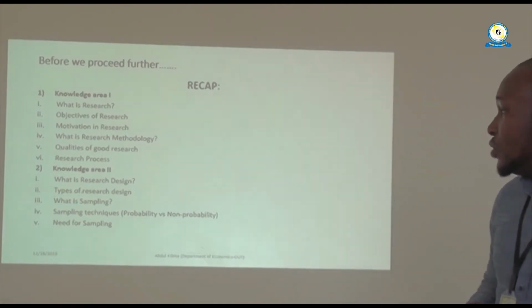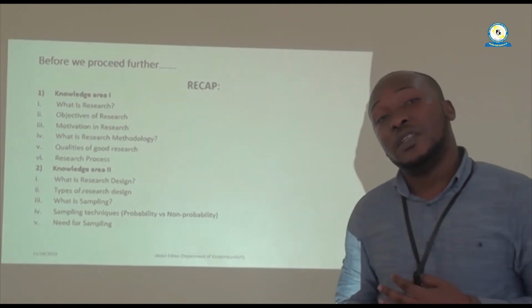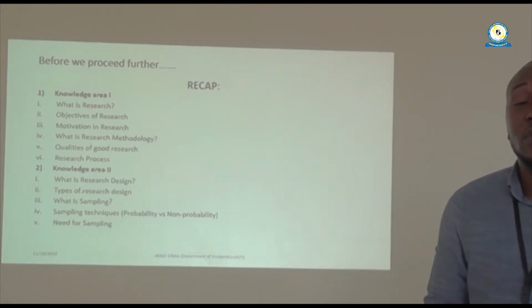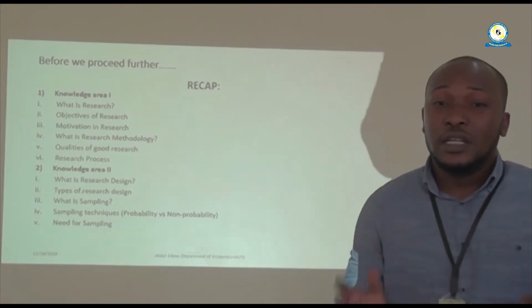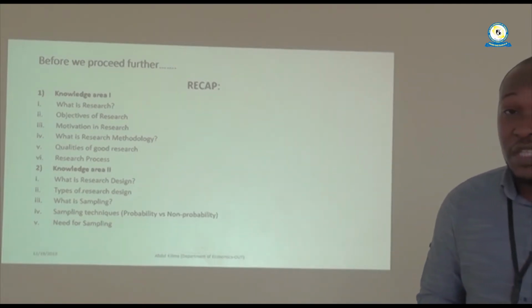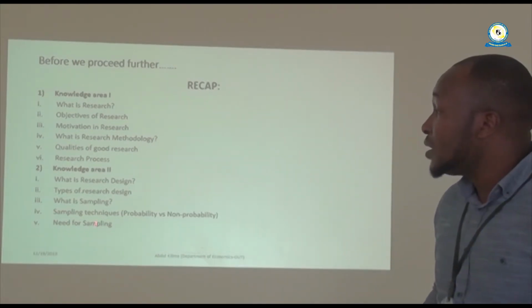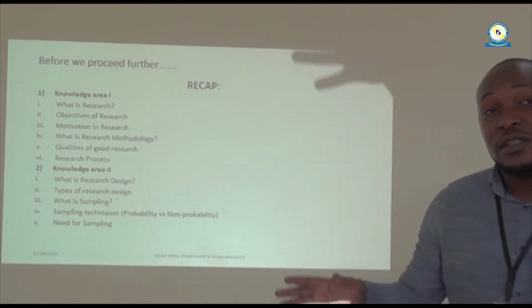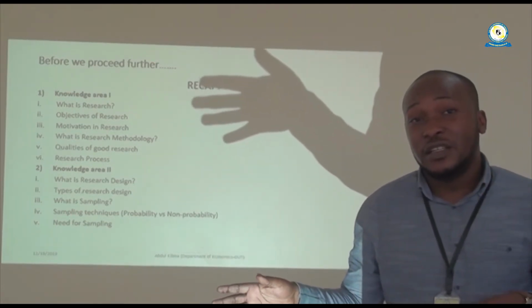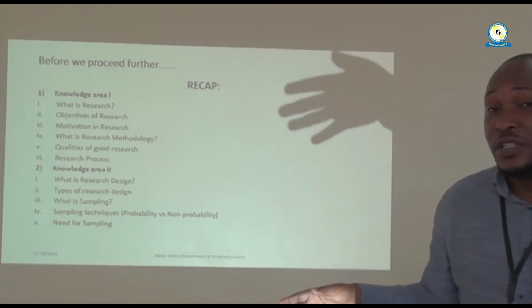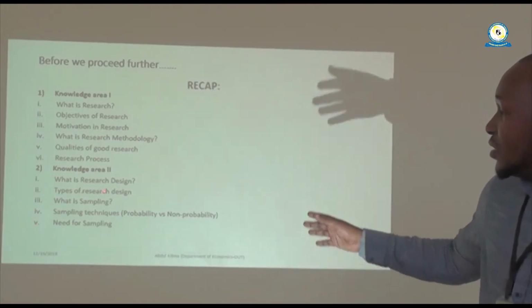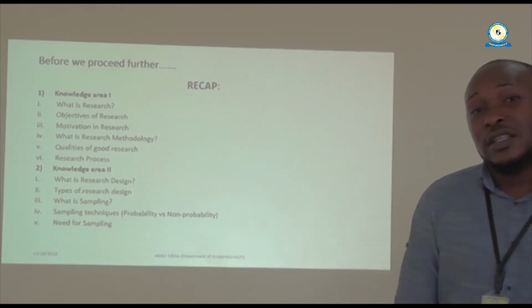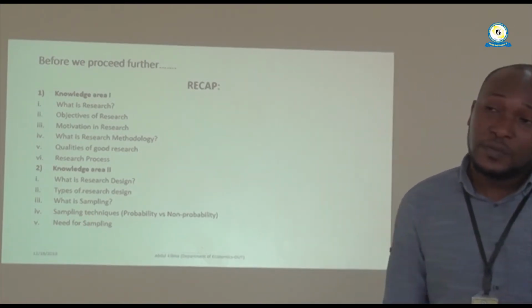So when you do stratified random sampling, you divide the population or your sample into homogeneous subgroups. For example, males, females, college or faculty. That is stratified random sampling.